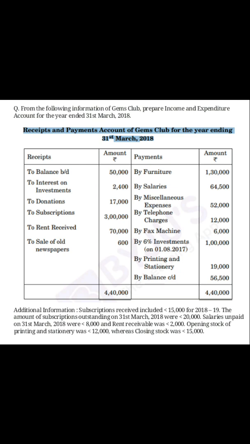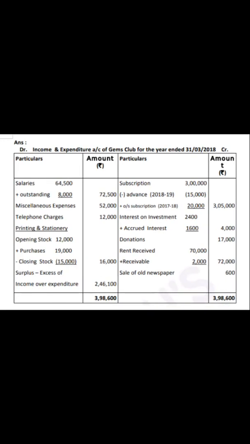So from August we would calculate that there would be 8 months for which the interest should be received at the rate of 6%, and after calculating 0.06 into 8 by 12 into 1 lakh, we got 4,000 rupees. But till now we have received 2,400 rupees only. So we have to make the adjustment, and we would add 1,600 rupees, which is accrued interest, and total 4,000 interest on investment should be written.